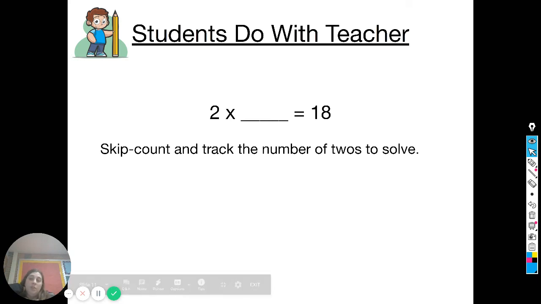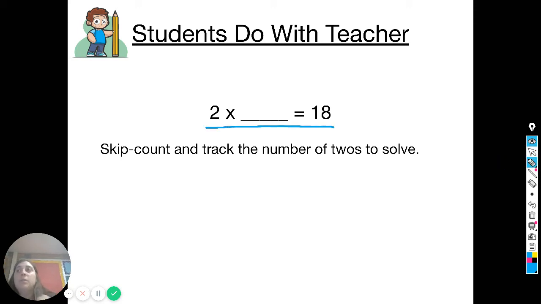We do have one more to solve. I'm going to let you do this a little more on your own. Our equation is 2 times blank equals 18. You're going to skip count and track the number of 2's to solve. I'll go ahead and get you started.